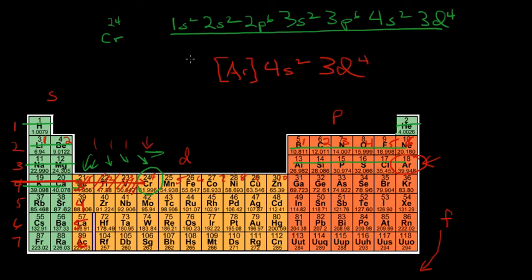All right, so again, much shorter, a lot easier, and all we are doing is using the periodic table and understanding each section is going to represent different parts of the electron configuration.